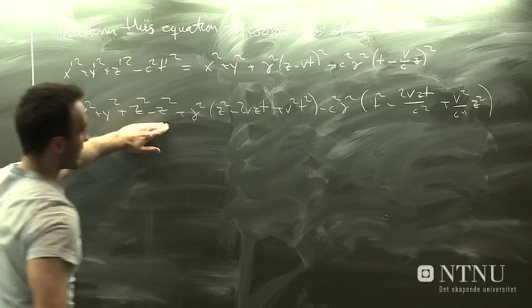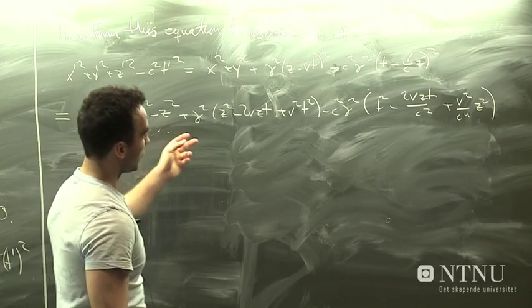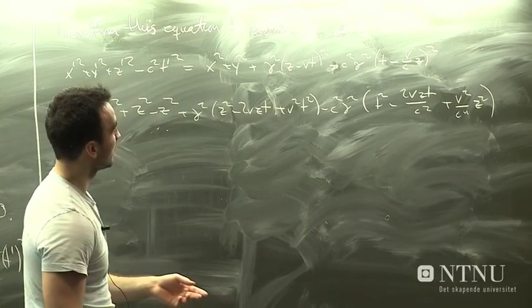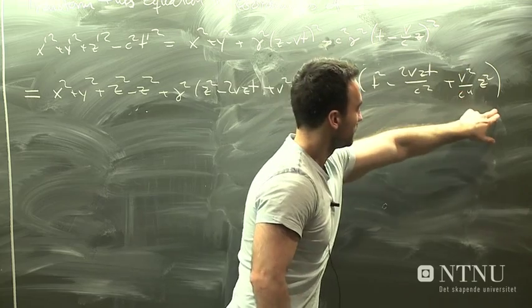So let me just add 0 to this right-hand side, z squared minus z squared, and then write out these squares here and here.